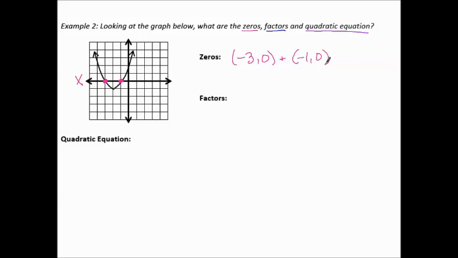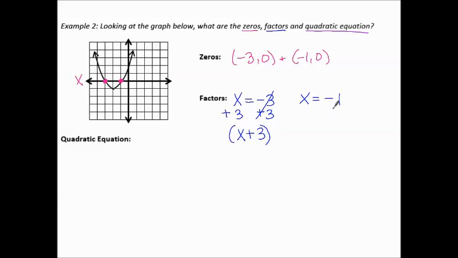Those are my zeros. When I do my factors, I'm going to rewrite them as roots. x equals -3, x equals -1. Remember, I want to get 0 here, so I have a -3, so I'm going to add 3 to both sides. My 3's cancel. Parentheses, x plus 3.